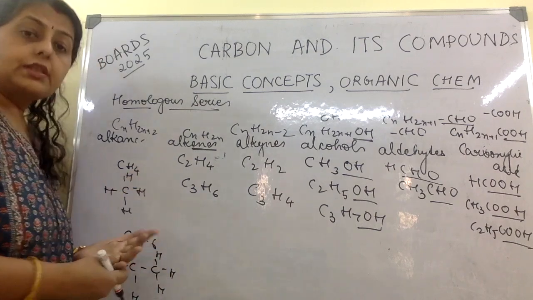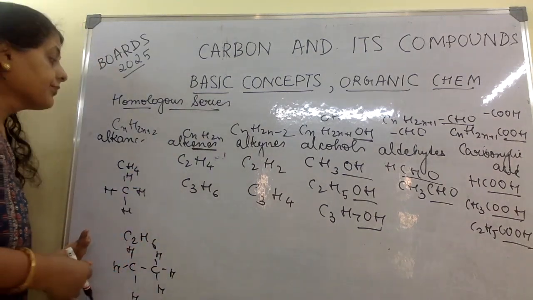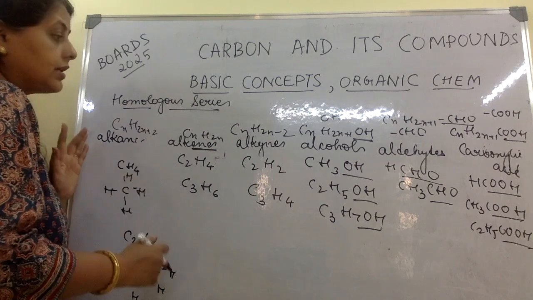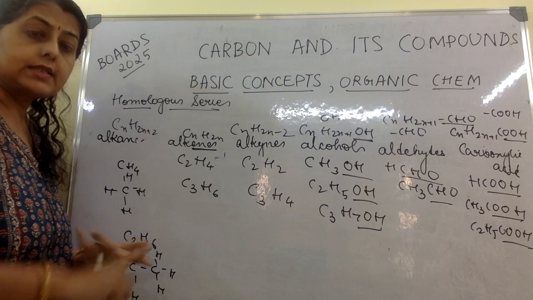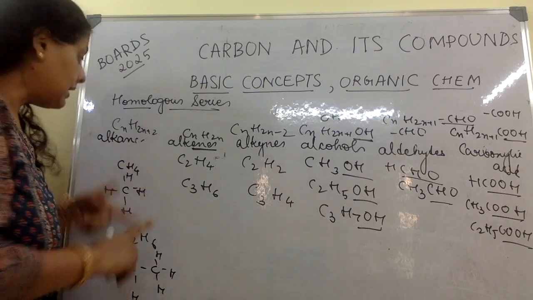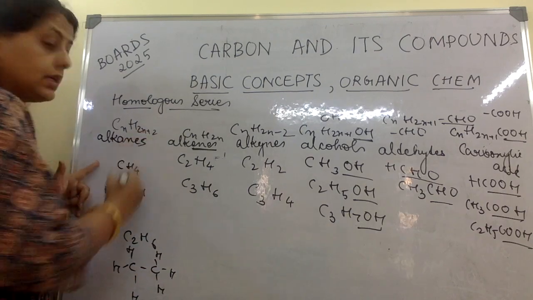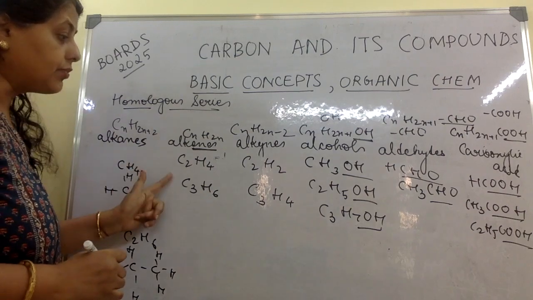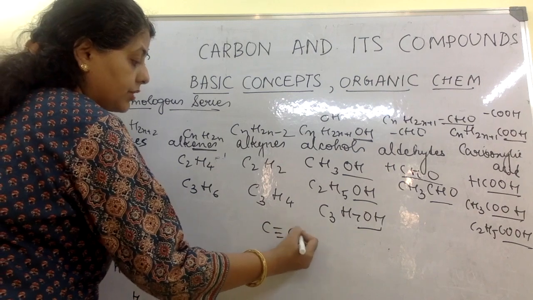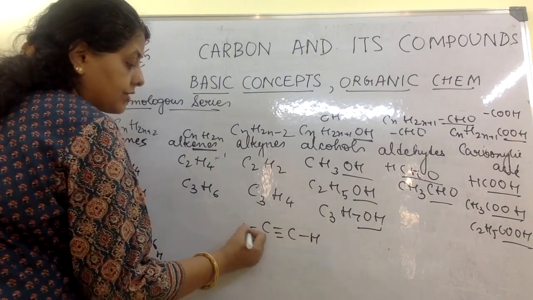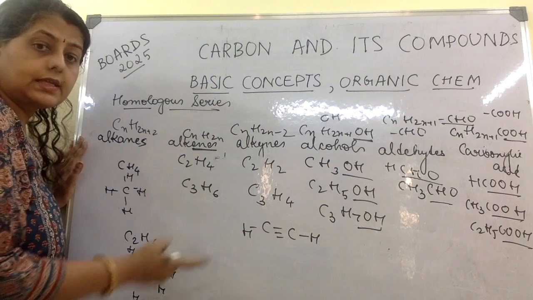Now let's come to one thing very important. Any compound which has a single bond, like alkanes, has a single bond. Here is a double bond. This is a triple bond, which we have in alkynes, I forgot to draw it.